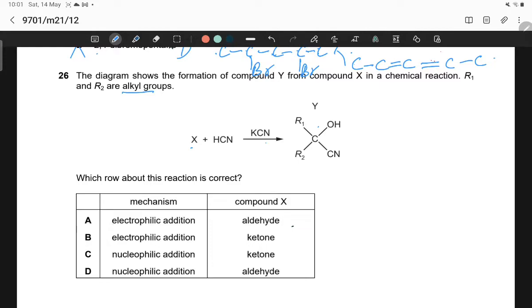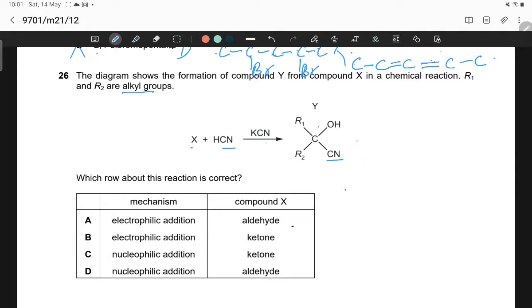Identify the mechanism. When CN is added, this is a nucleophile. So nucleophilic addition reaction. So let's check.